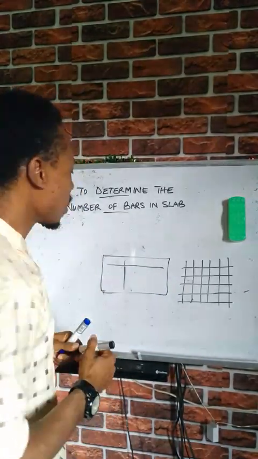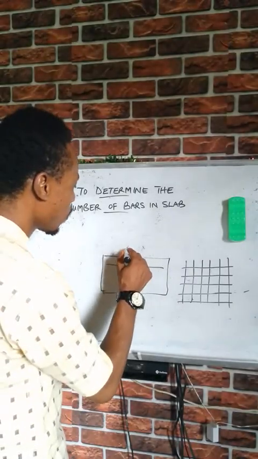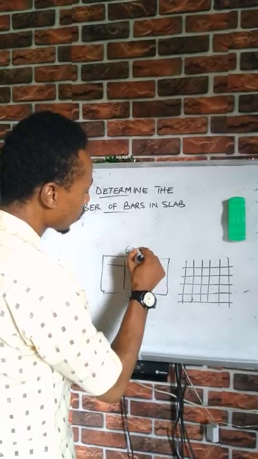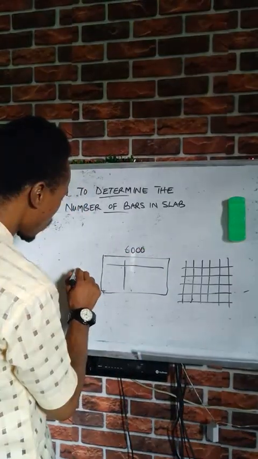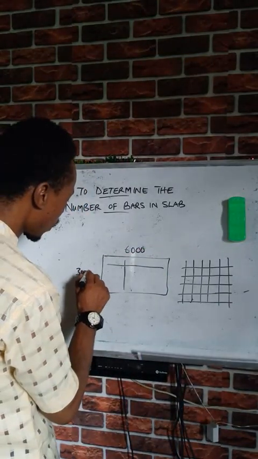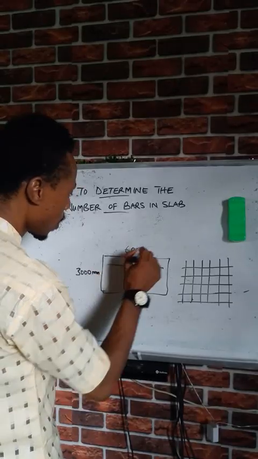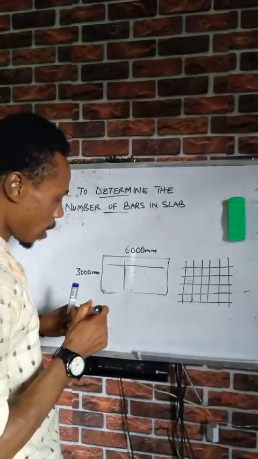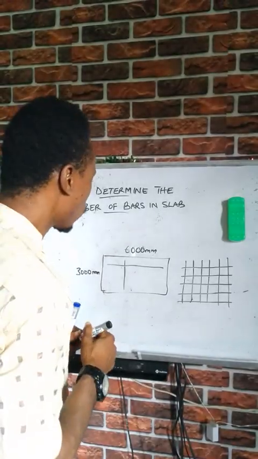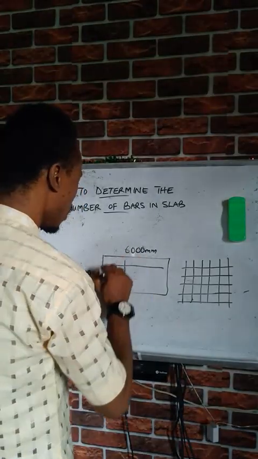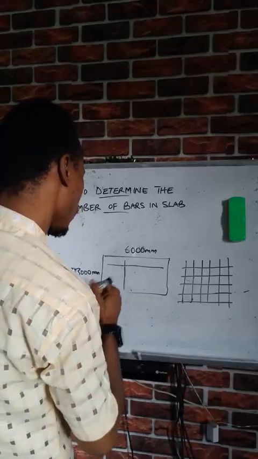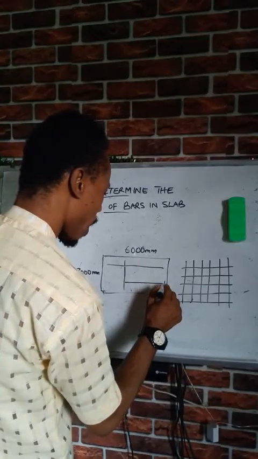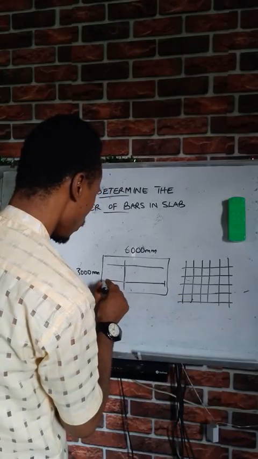Now you see that, for example, we have 6 meters, which is 6,000 millimeters, and 3 meters, which is 3,000 millimeters. So for example, this reinforcement is expected to span from here to here.